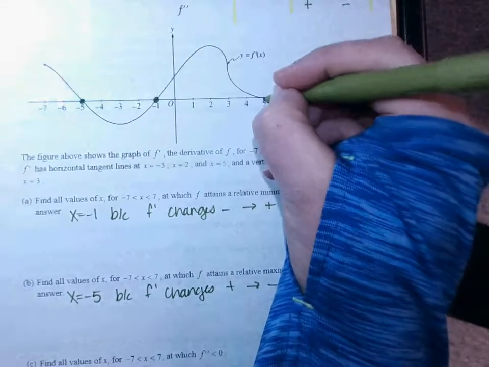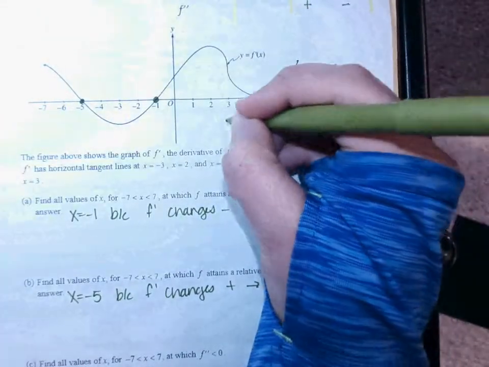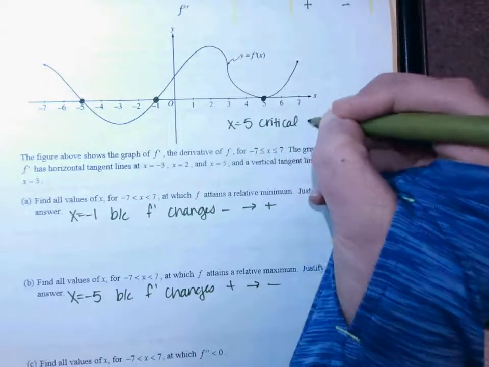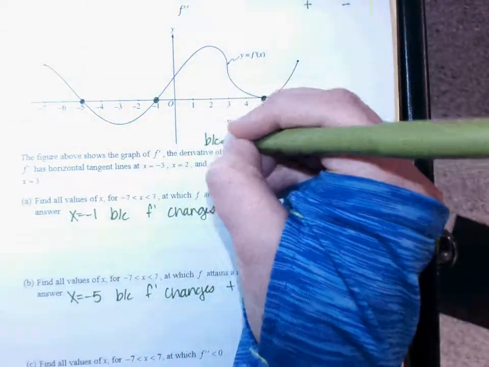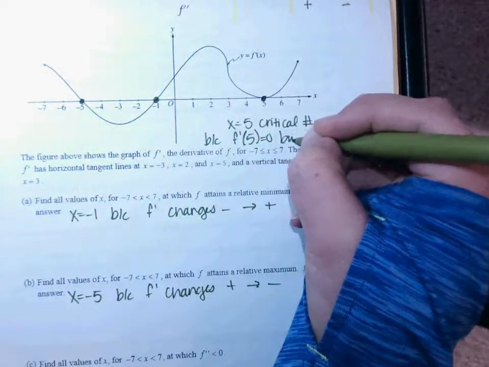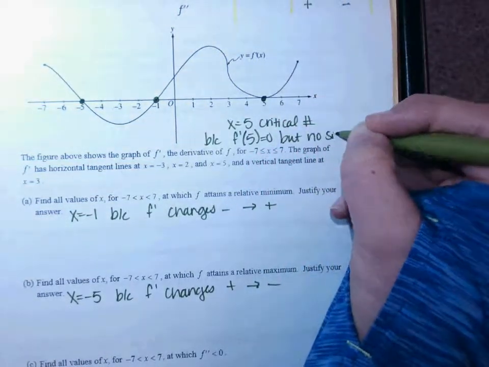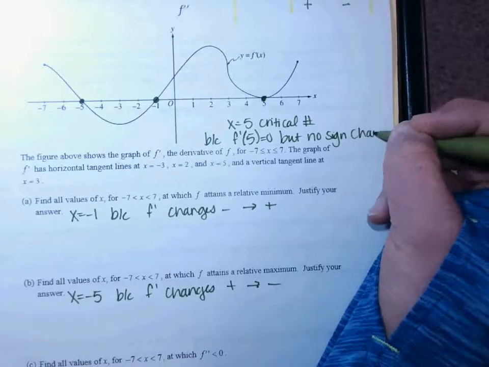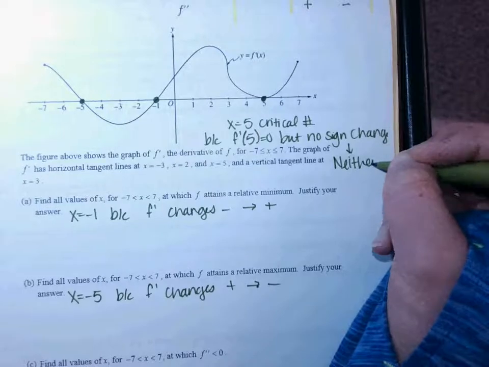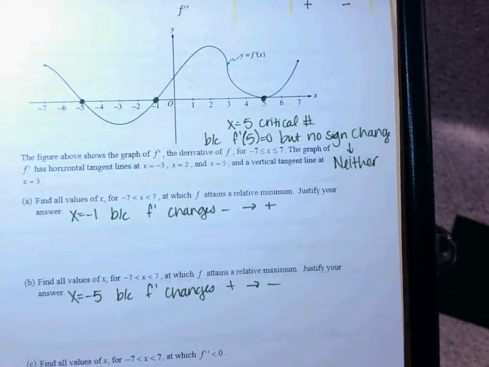So x equals 5 is a critical number because F prime at 5 is 0, but there's no sign change. So it's a neither. If it asked you to list all the critical numbers, you would have to include 5, but then say it's not a min or a max.